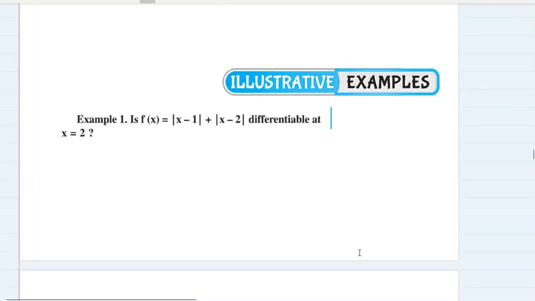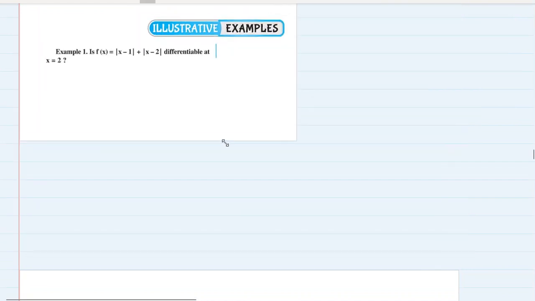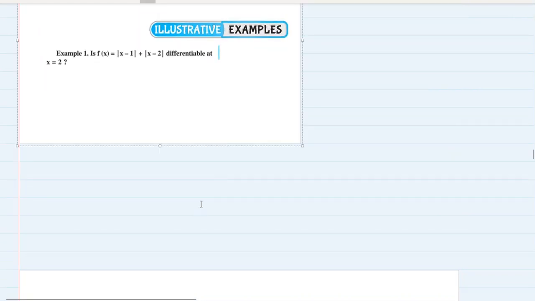Let's start with checking the differentiability of a function at a point. In the last lecture, we understood what differentiability is and how to check it. Basically we have to apply the formula of the differential coefficient, or derivative.